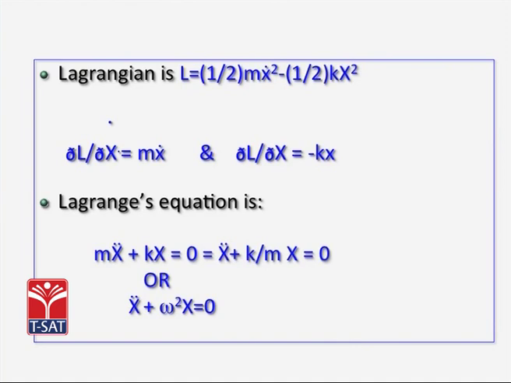Dou L by dou x dot is equal to m x dot and dou L by dou x is equal to minus k x, and now Lagrange's equation is given by m x double dot plus k x equal to 0, which is also x double dot plus k by m times x equal to 0. This can also be written as x double dot plus omega square x is equal to 0, where omega is the angular velocity of the vibrating linear harmonic oscillator.